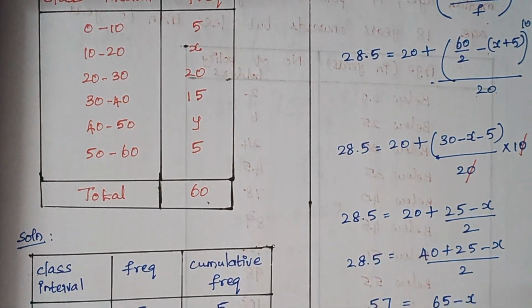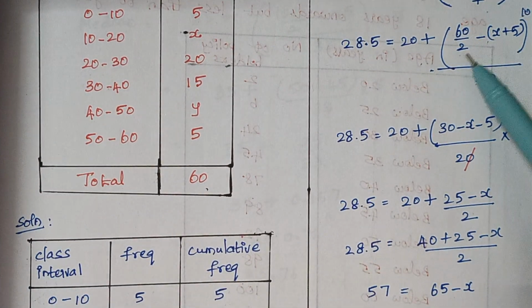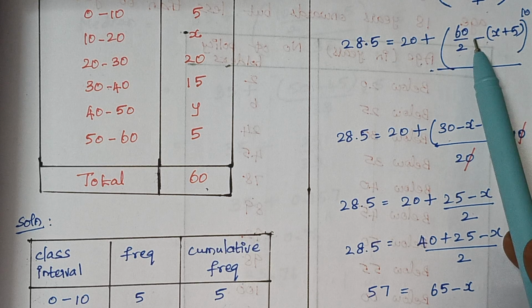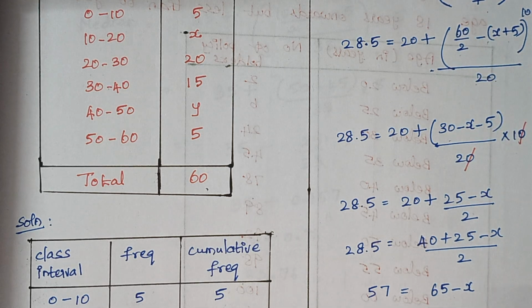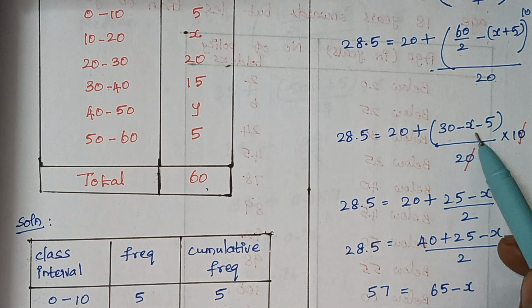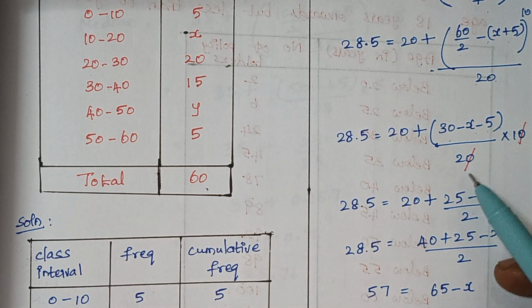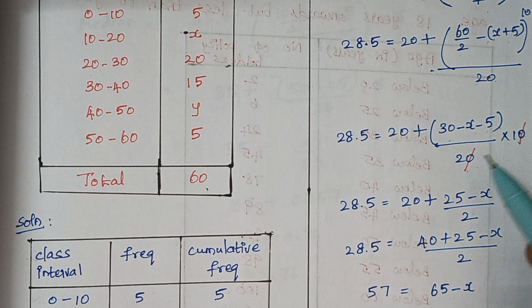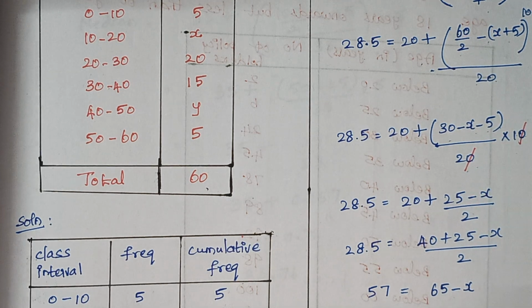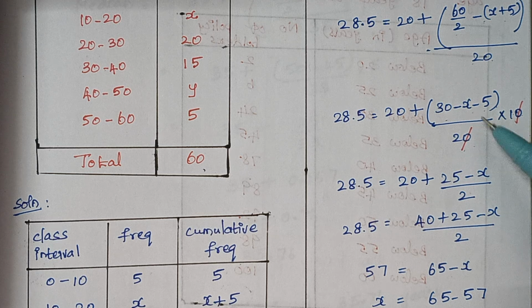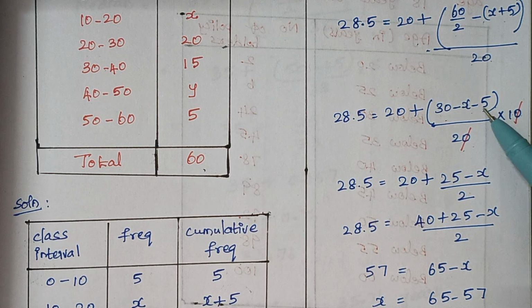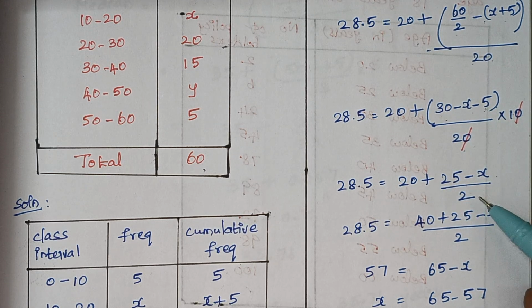So here when you simplify, 60 by 2 becomes 30 and I am bringing this negative sign inside the bracket. So here it is 30 minus x minus 5, divided by 20 and 10, these two zeros get cancelled. So the remaining parameters are, 30 minus 5 becomes 25. So 25 minus x by 2.